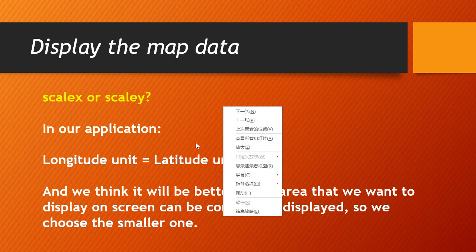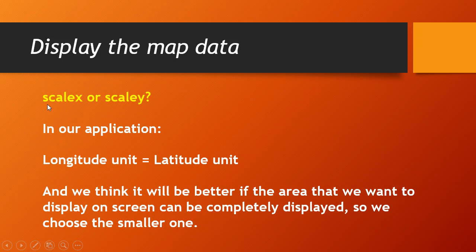We choose a smaller ratio to make sure the whole map is displayed on the screen. Although some part of the screen will keep blank because we choose the smaller skew ratio, we think it will be better. Then we clip some part of the map out of the screen.